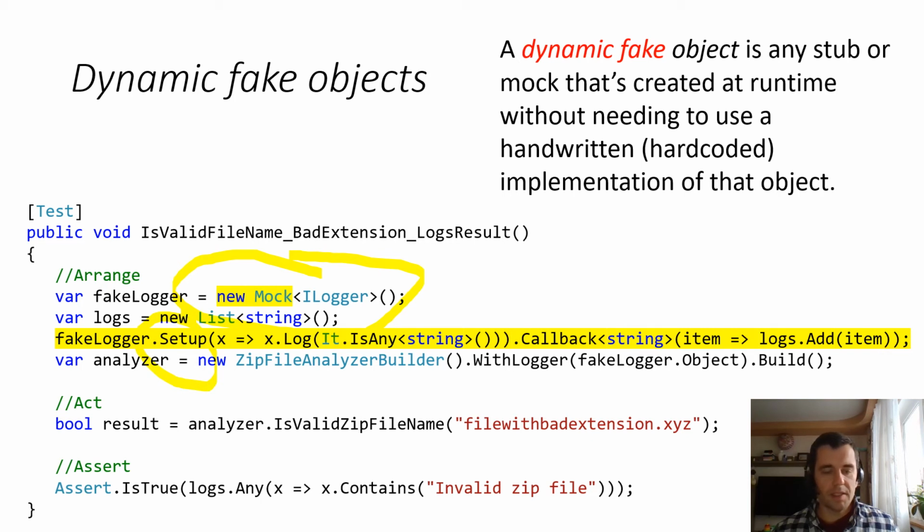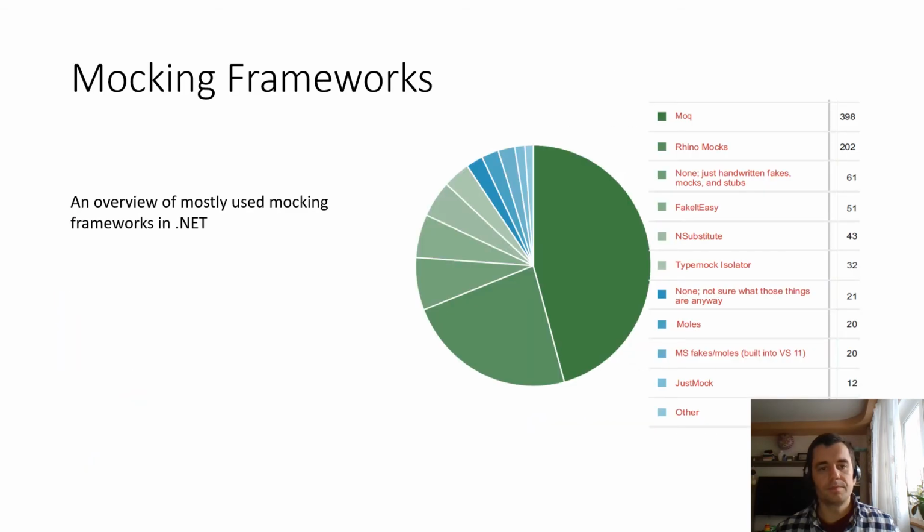For example, it has a setup method where we can customize how this should behave in case it is called, and we have also a callback, and this callback adds an item to an item list, and in the end you see here we can assert against such a log mock. So this is a mock because we assert against it and not against the result here.